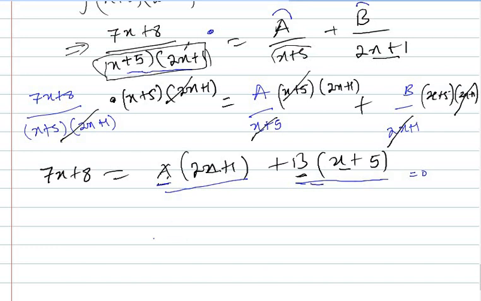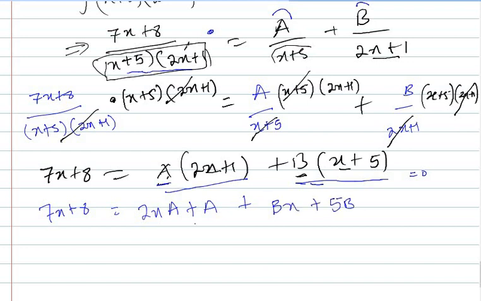So in this case, we are trying to make the value of b equal to 0. If you like, you can open the bracket. We can say 7x plus 8 is equal to a into 2x, you can say 2ax, plus a, and then plus bx plus 5b.